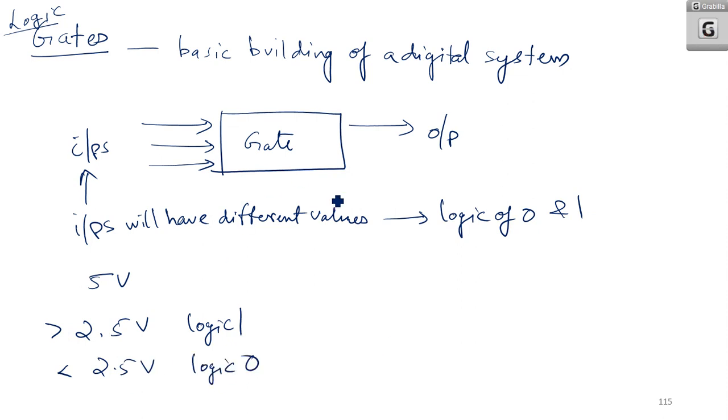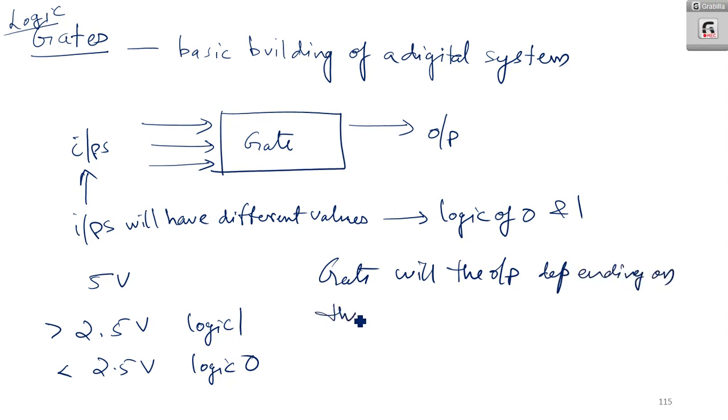Then this gate will give the output depending on the threshold values of the input. Suppose I am giving 5 volt here, 3 volt here, and 1 volt here.